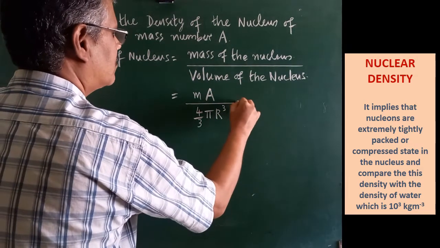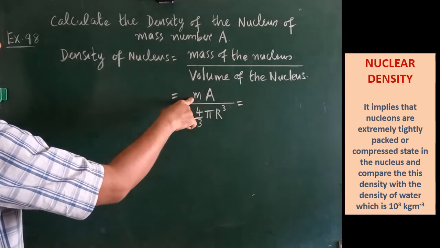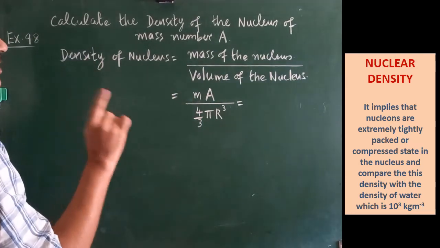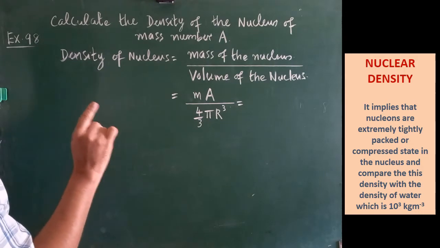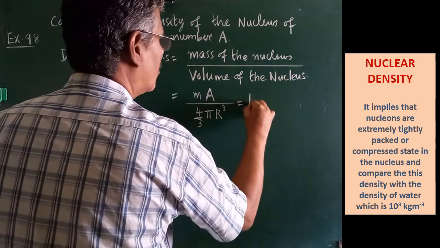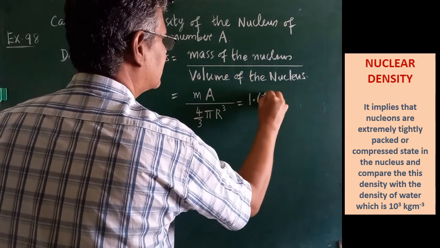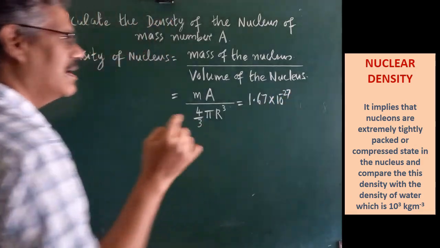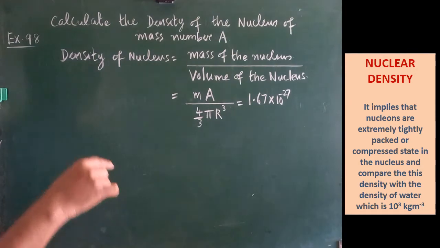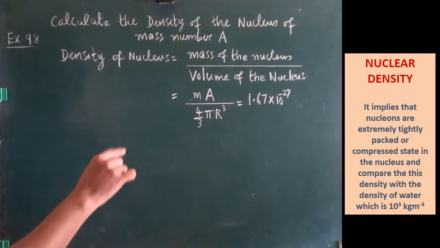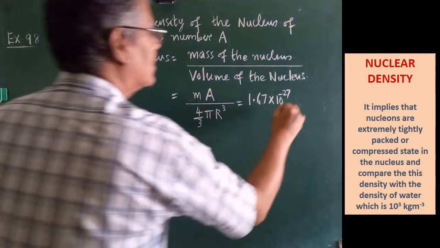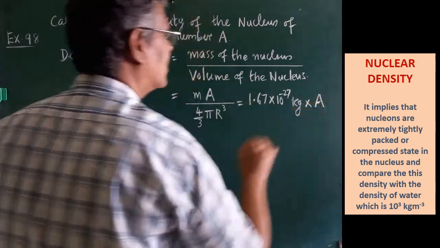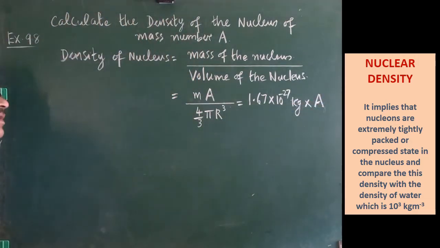Now we have to substitute. What is m? The average mass of a single nucleon, taken as 1.67 into 10 to the power of minus 27 kg, either proton mass or neutron mass. Don't forget. And the mass number is written as A.